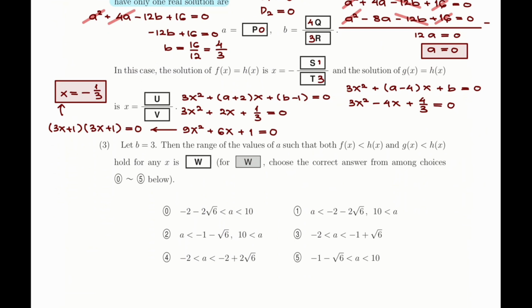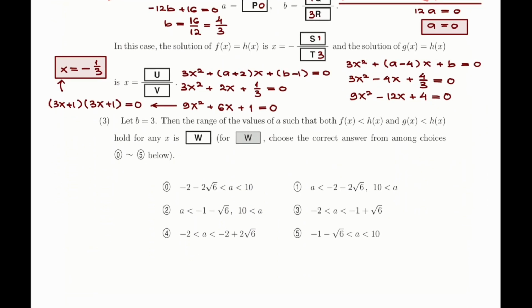Once again, I will multiply all the terms by 3, so I can get rid of the fraction here. I will get 9x squared minus 12x plus 4 is equal to 0. You can factorize this into 3x minus 2 squared is equal to 0. That means your x is equal to 2 over 3. So for letters U and V, U is equal to 2 and V is equal to 3.